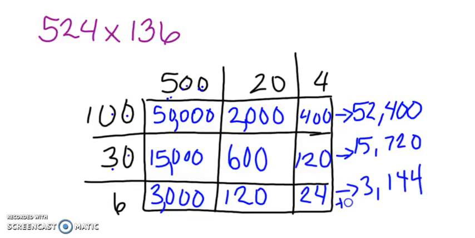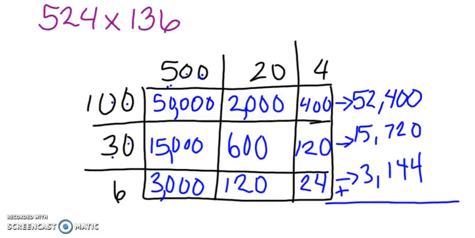And then I can go ahead and add those up to find out what my total product is going to be from all of my partial products. When I add that up, I find out that I have 71,264.